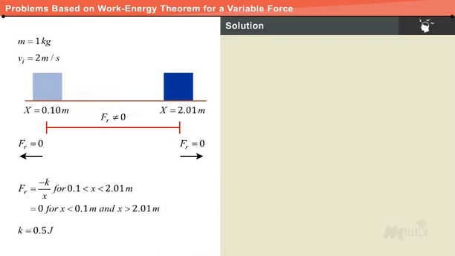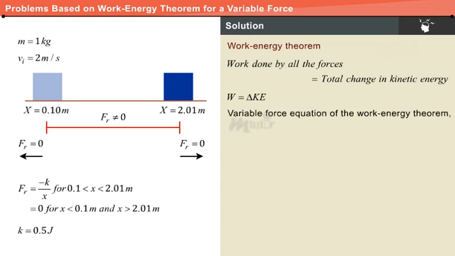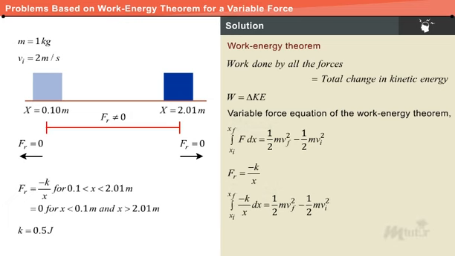Coming to the solution, according to the work-energy theorem, work done by all the forces is equal to the total change in kinetic energy. That is, W is equal to delta KE. Then the variable force equation of the work-energy theorem is given as shown. Then the given retarding force Fr is equal to minus k by x, hence we get the equation as shown.